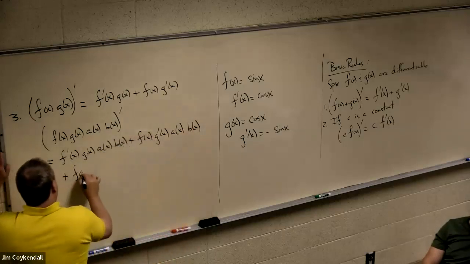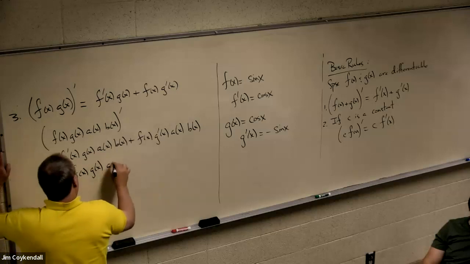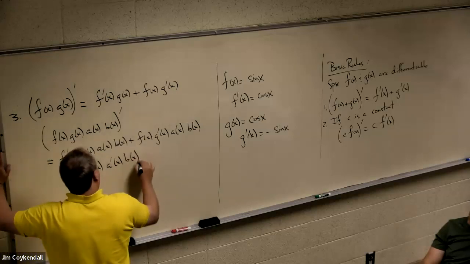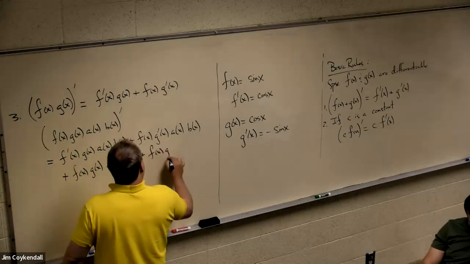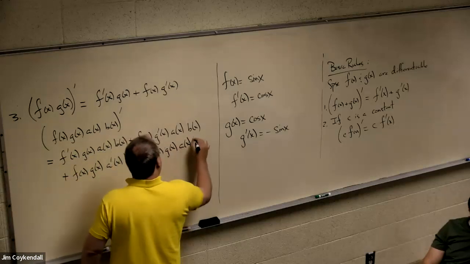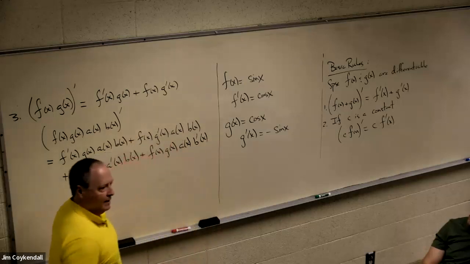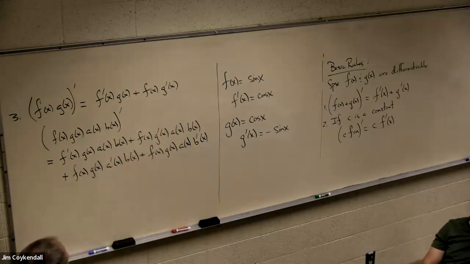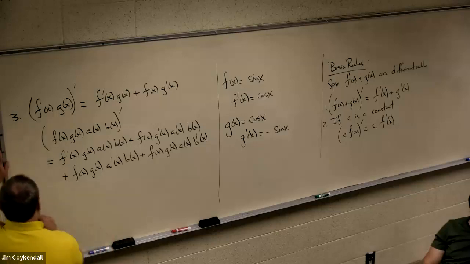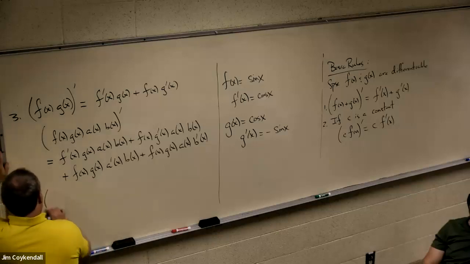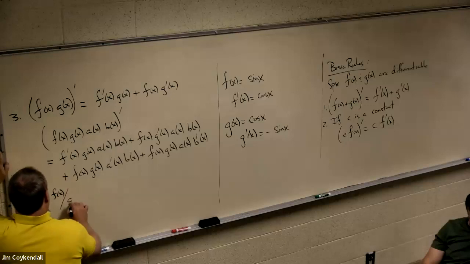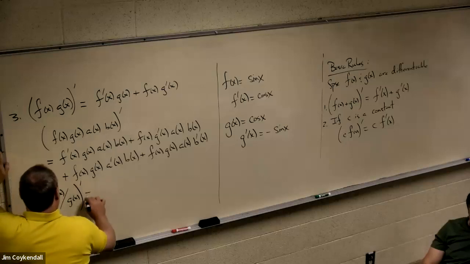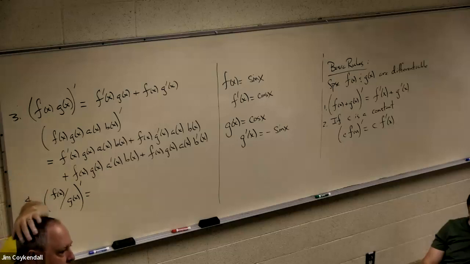Now it's A's turn. And now it's B's. Product rule works real nice. And there's one more thing. You might remember how the quotient rule works.